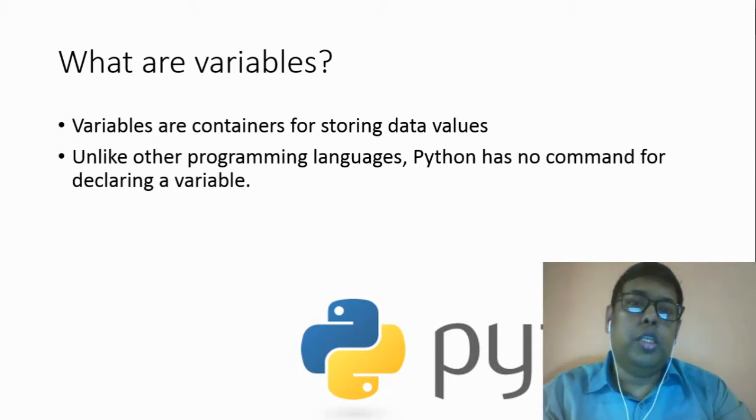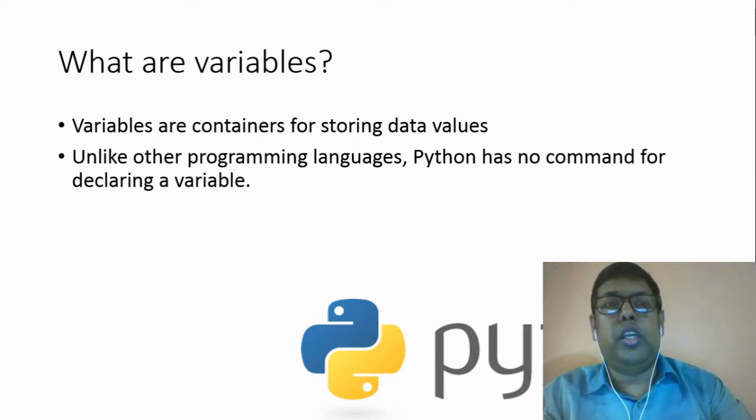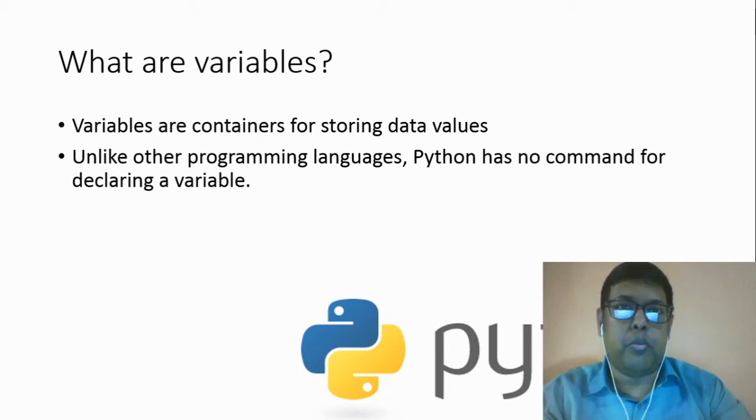Well, unlike other programming languages, Python has no command for declaring a variable. If you use any other programming language, like C or C++, you need to first declare the variable, and also declare the variable types. Whereas in Python, you don't need to worry about them because there is no command for declaring a variable.